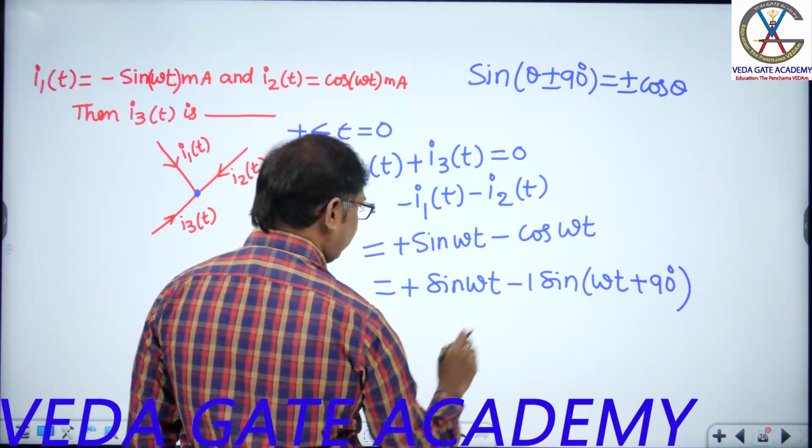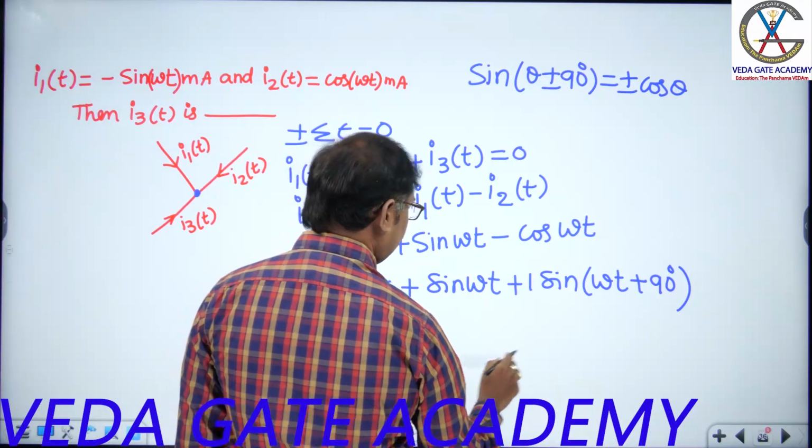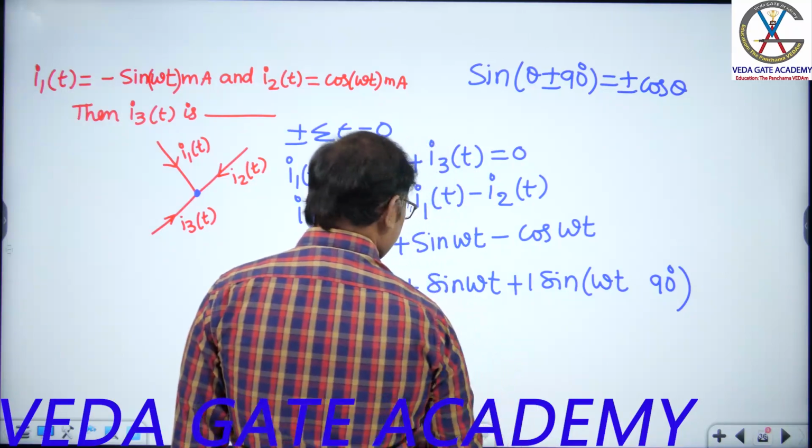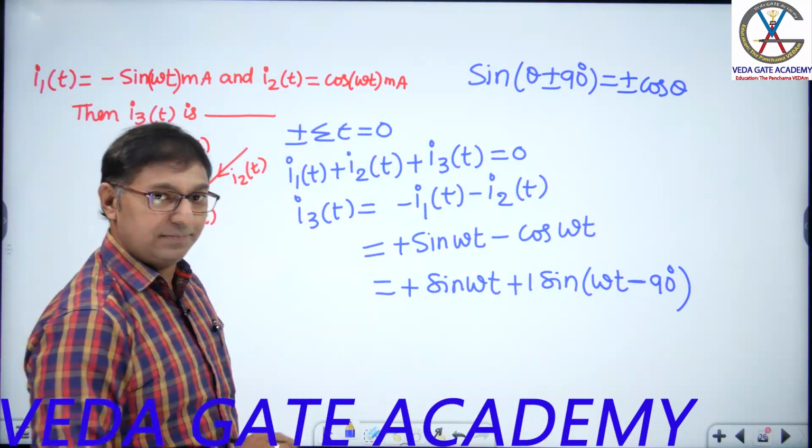Obviously this will become plus sin of theta minus 90.